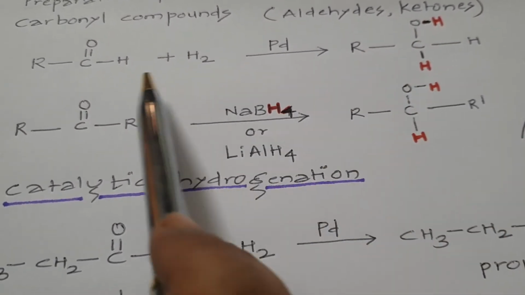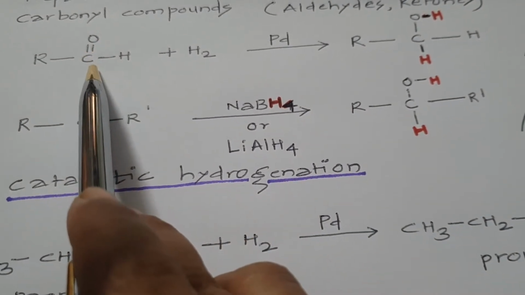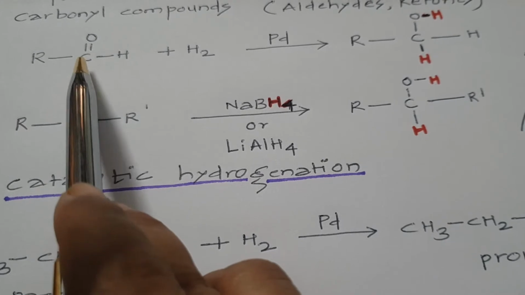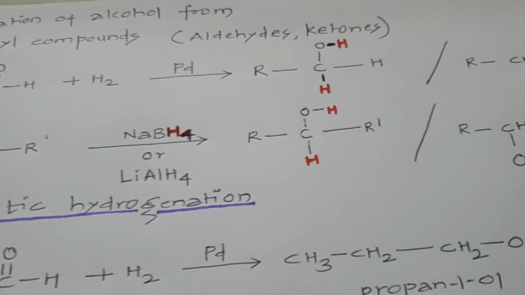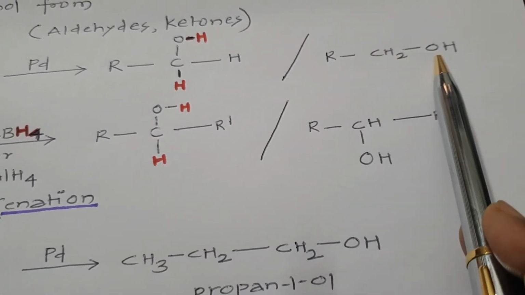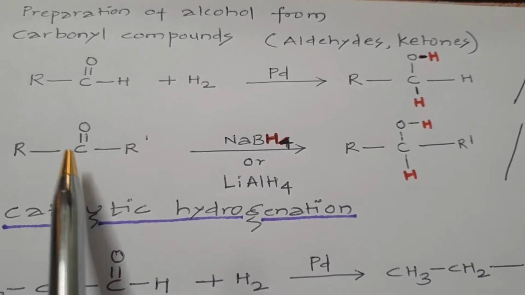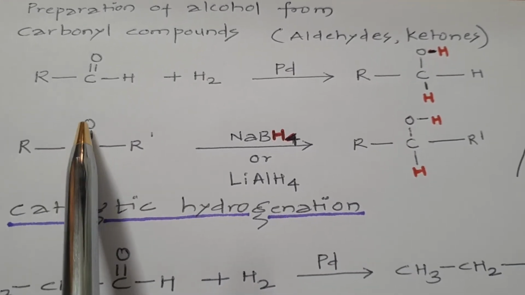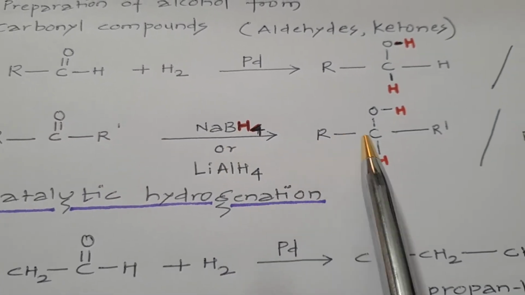You can understand that the carbon-oxygen double bond opens up, adding hydrogen each to carbon and that of oxygen. This is also represented over here as RCH2OH.